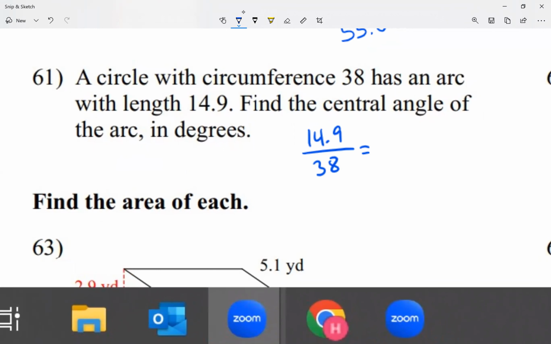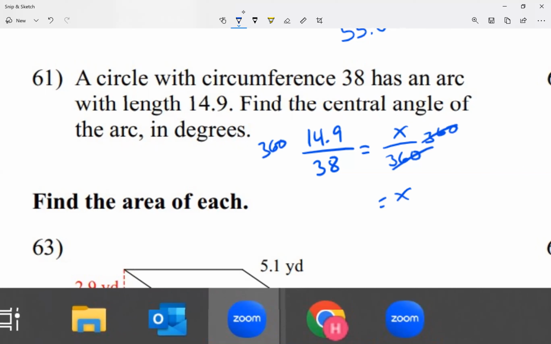I have no idea what it is, but the whole circle is 360. Remember, it's arc length over circumference is equal to central angle over the whole circle.